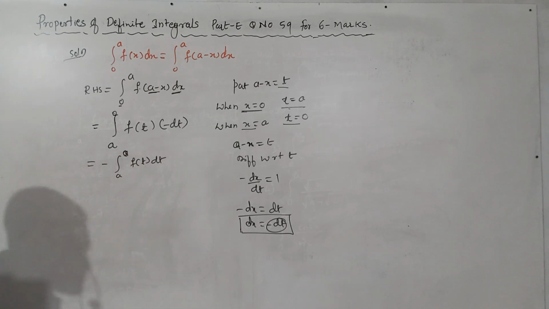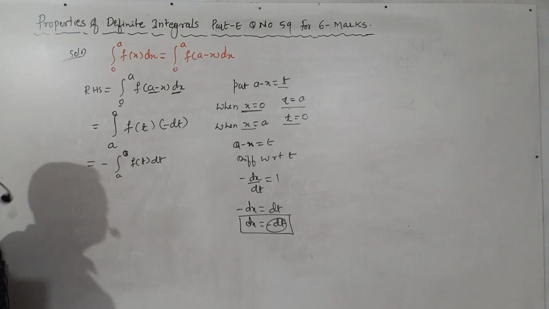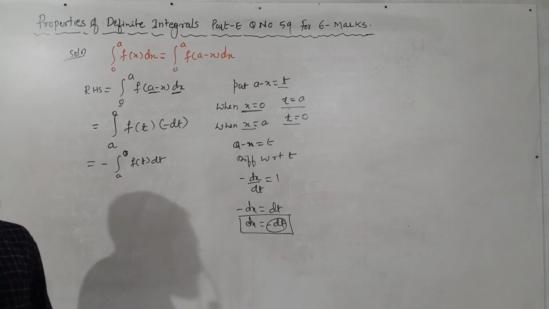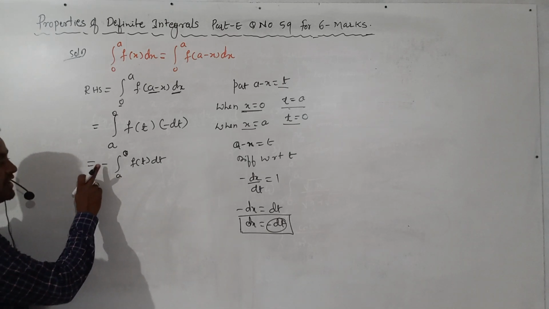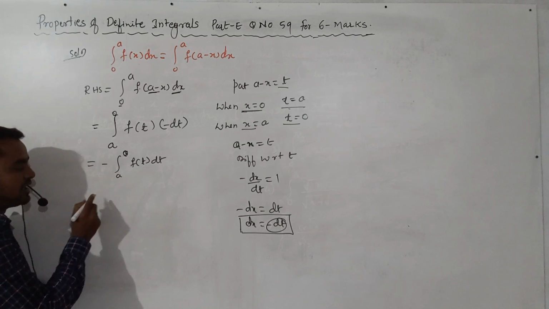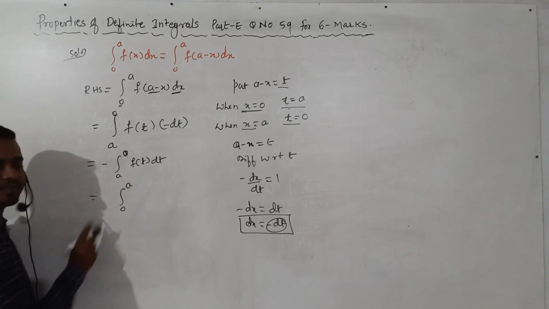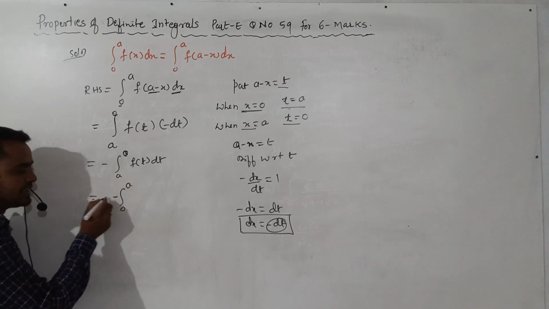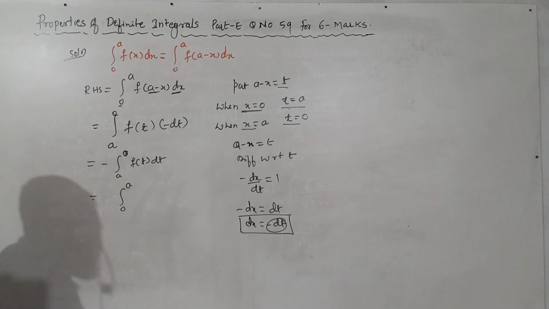Now I am interchanging the limits. By the second property, as I told before, if you interchange the limits, then the sign will change. It is already minus, so I write 0 to a. Minus into minus is plus.